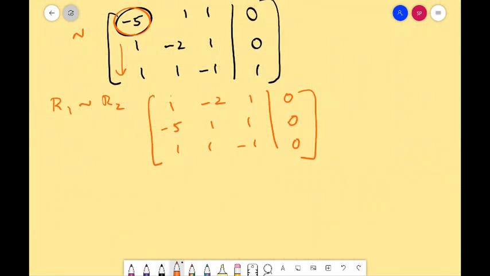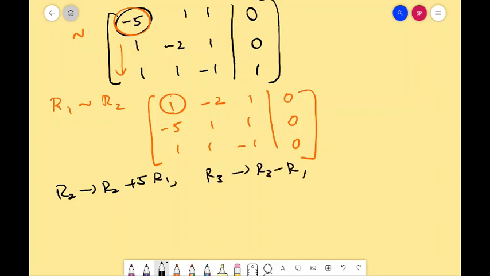Now again mark the pivot position. For R2 do R2 plus 5 R1, and for R3 do R3 minus R1.